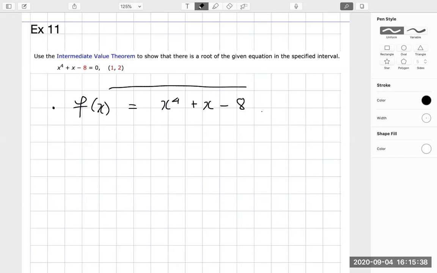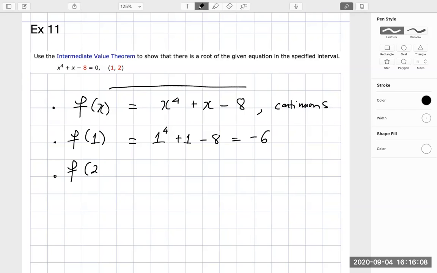I don't remember this. Okay, this function is continuous on R. So let us find the value of this function at 1. It is 1 to the fourth plus 1 minus 8, which is negative 6.